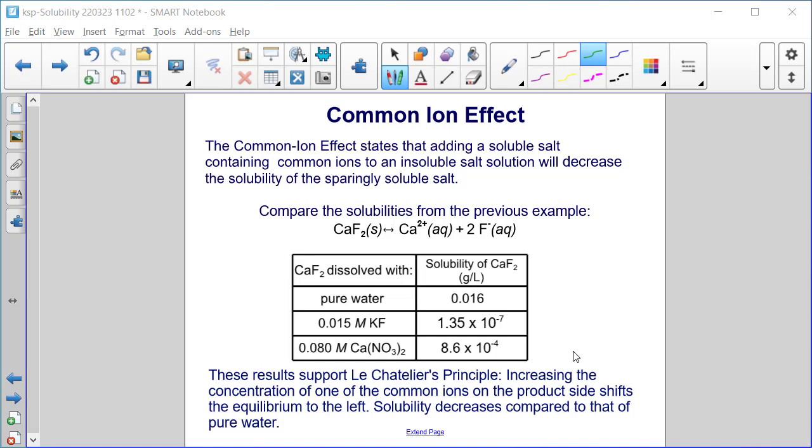These results support Le Chatelier's principle. Increasing the concentration of one of the common ions on the product side, either fluoride in this case or calcium in this last case, shifts the equilibrium to the left, decreasing the solubility compared to that of pure water.